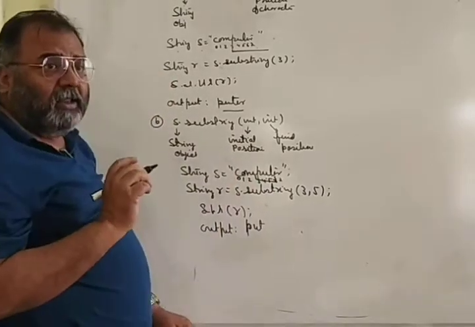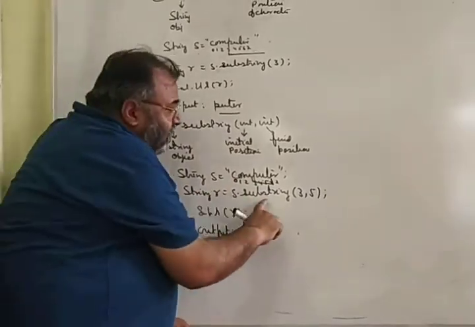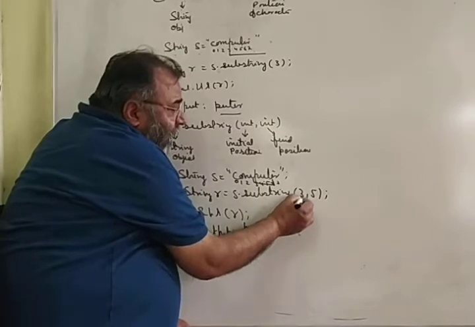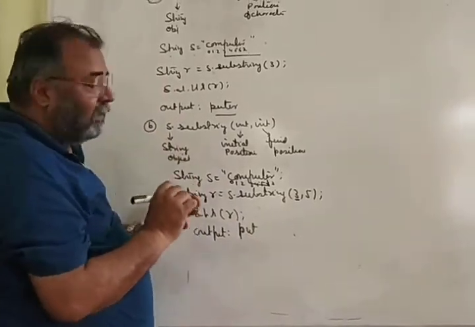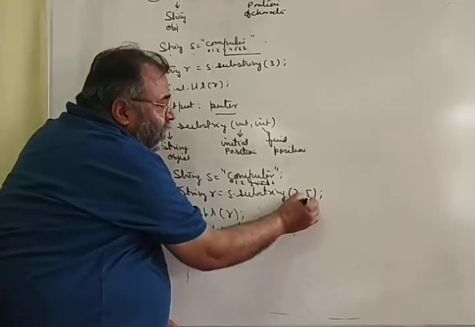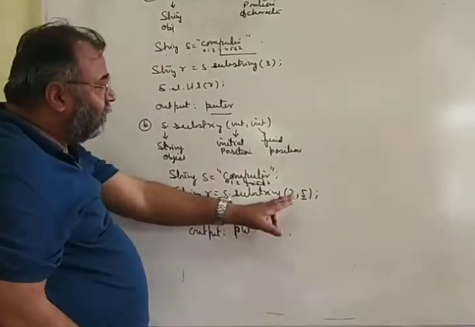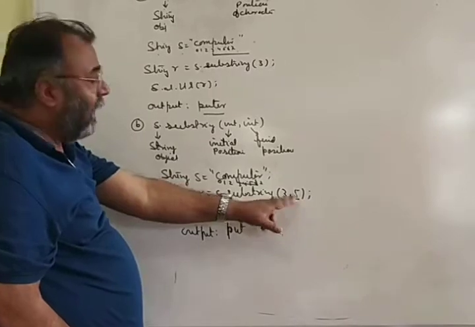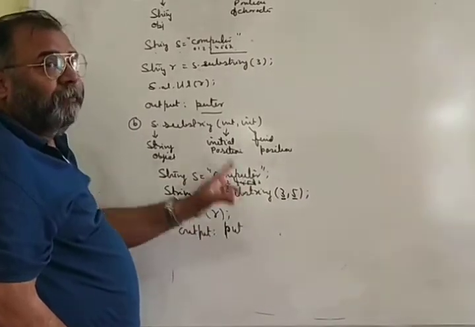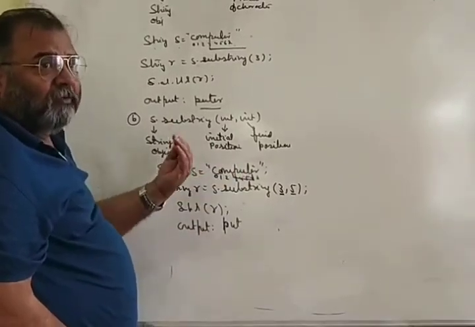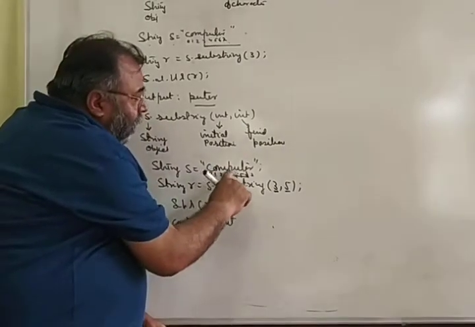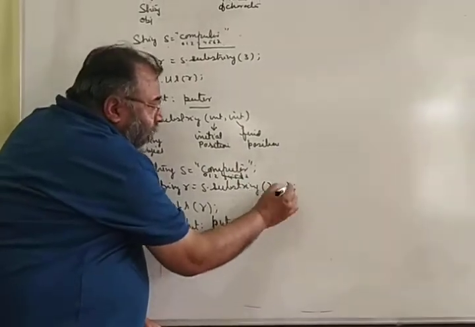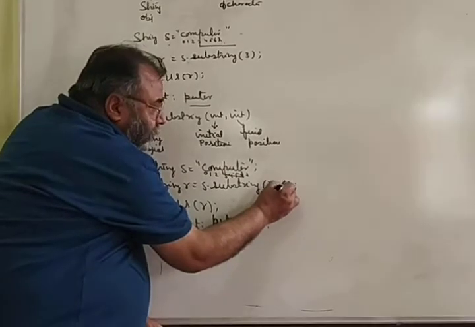Now here there is a problem. In substring, the initial value which you have given is inclusive. It picks up that character. But the final position is exclusive. This value will not be picked by substring. It will pick only up to the previous character, the 4th position. So if you want to pick up "put", you have to write 3 comma 6.